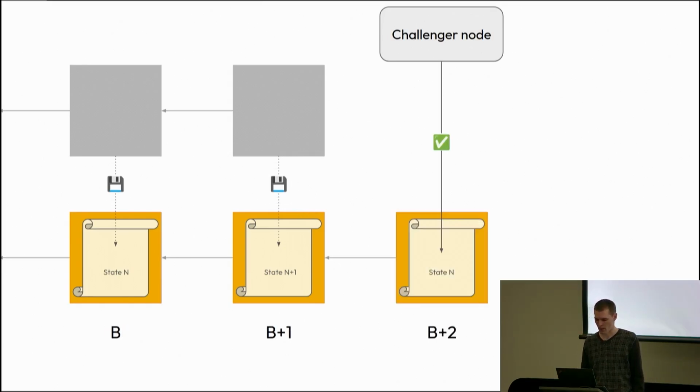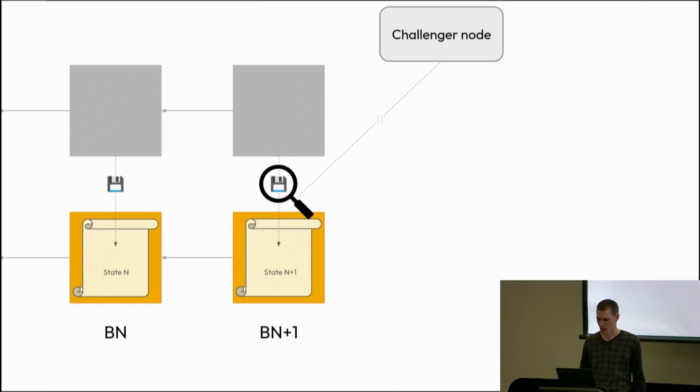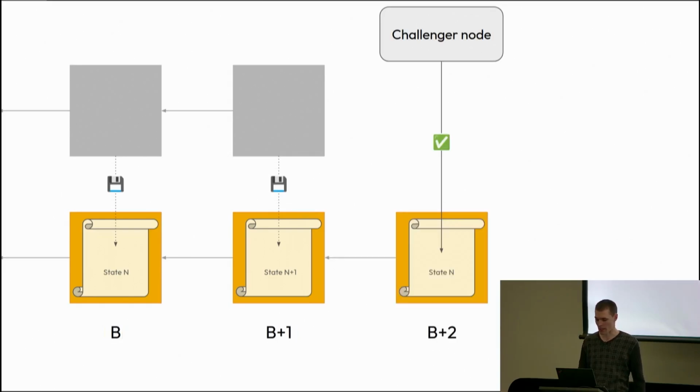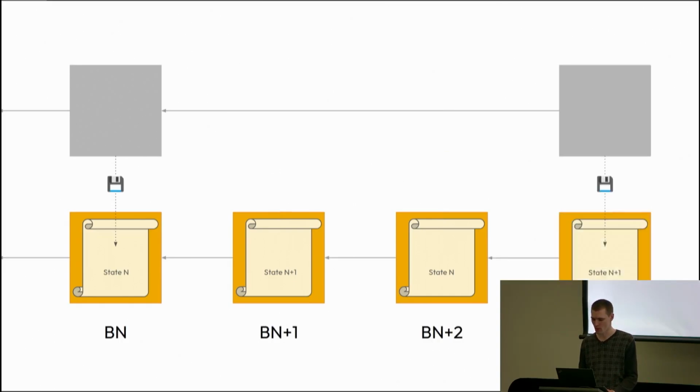And if the state transition is invalid, then it's going to put a proof into the rollup smart contract on Bitcoin, which cancels the state transition. And now the next state transition for the rollup has to refer to the previous valid state transition before the invalid state transition was attempted.